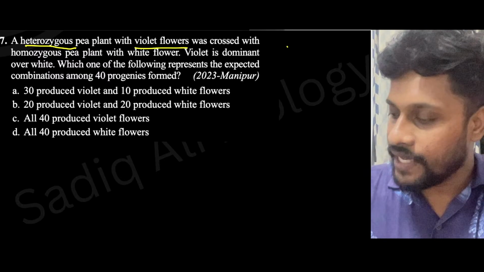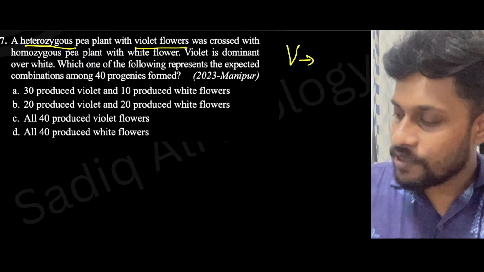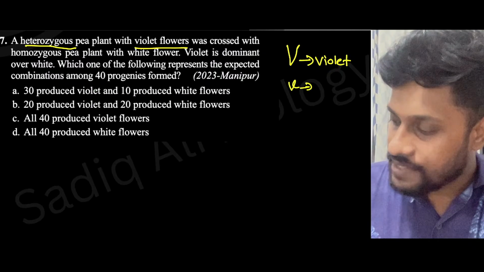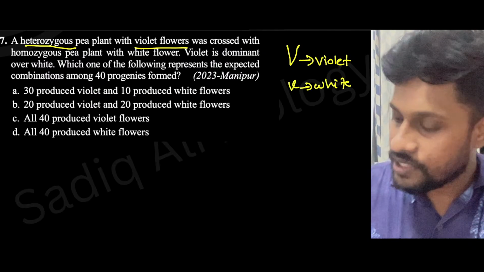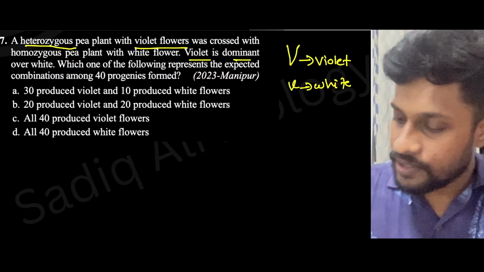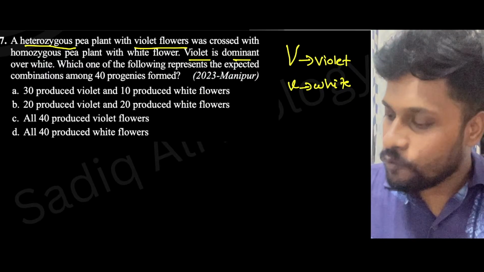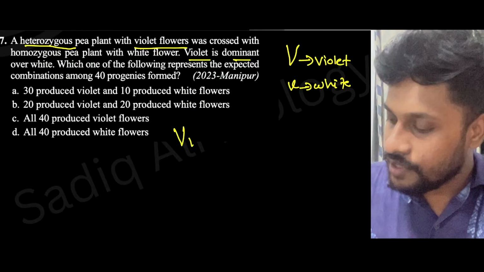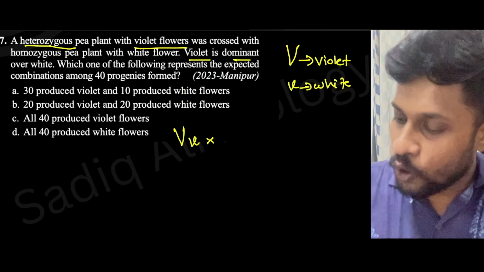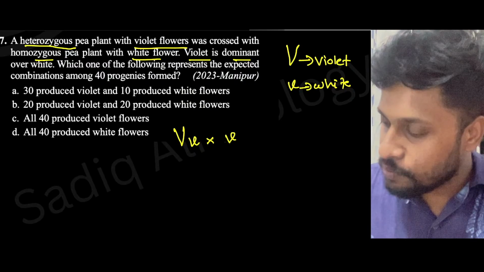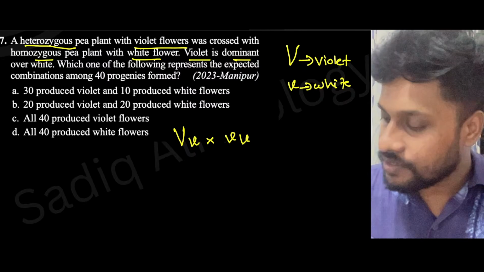So here let me take capital V as violet, small v as white, because they have mentioned violet is the dominant over white. So heterozygous violet means what? Capital V, small v, crossed with a homozygous pea plant with the white flower, which means small v, small v, right?